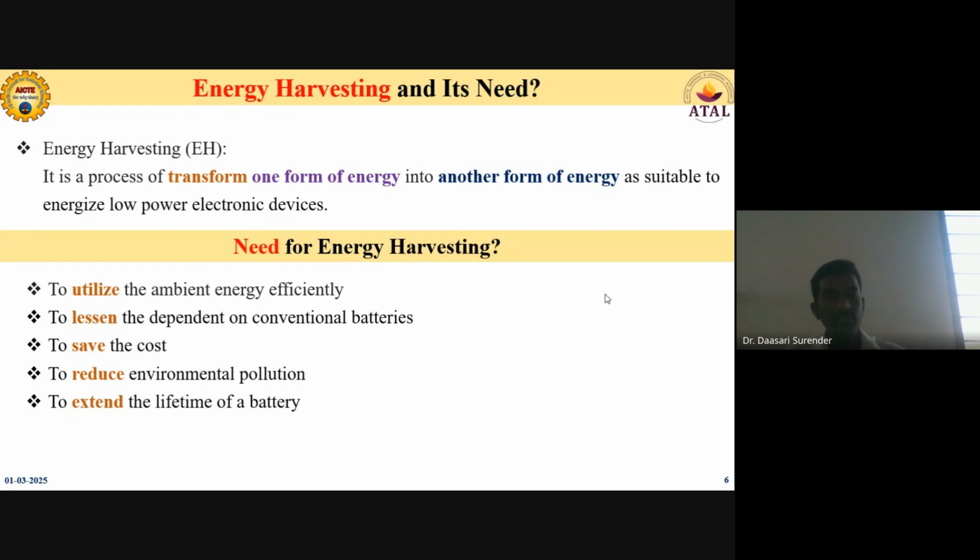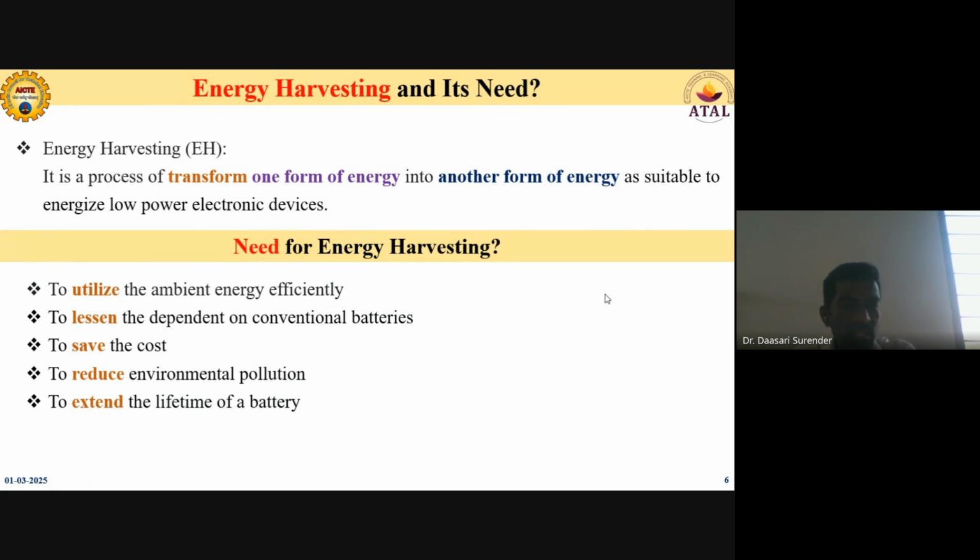If we attach conventional batteries to those devices, because of the low lifetime, we need to replace those devices frequently. That increases the complexity and it increases the cost also.